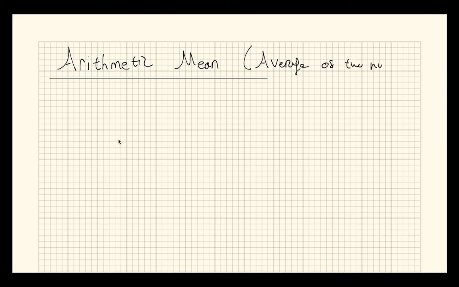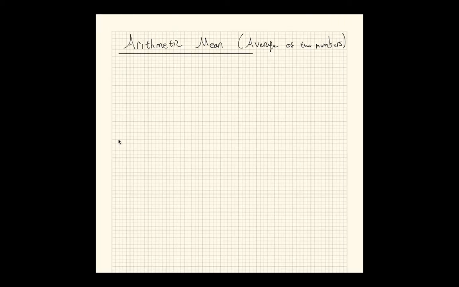So how is this different than normal mean? Well, the arithmetic mean is used to find terms that are in between other terms.